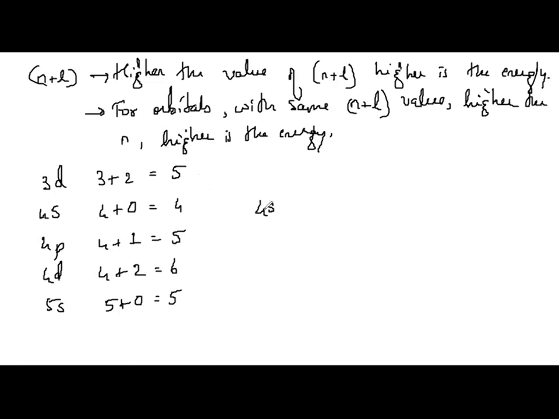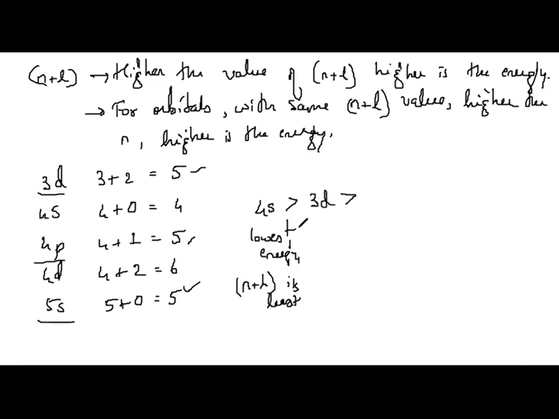Okay, so I'll fill this orbital first. This is lowest energy because the n plus L value is least for this in the given options. Then we have 5, 5, 5. Out of these three, the one which has the lower value of principal quantum number will have lower energy. So then comes 3d.